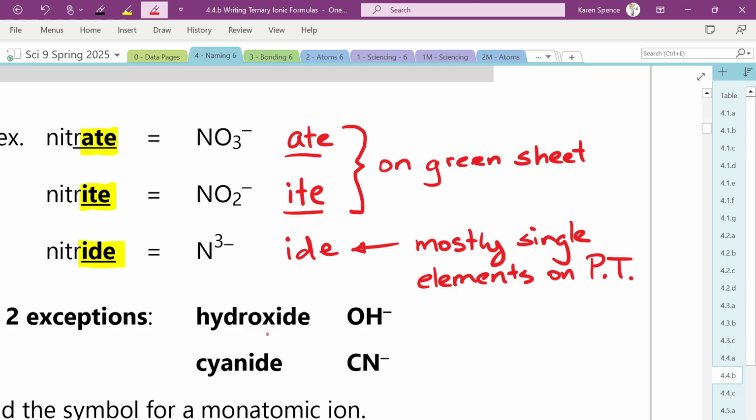There is hydroxide and cyanide, and those two are exceptions, and those are on the green sheet. Okay, and if you start looking for hydroxide on the periodic table, you won't find it. If you start looking for cyanide on the periodic table, you won't find it.